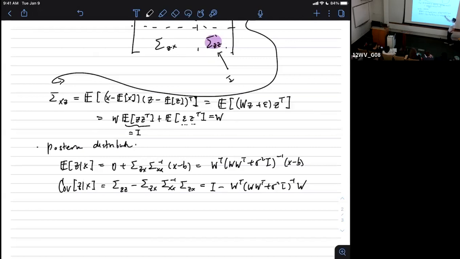And then what we do is we are in fact solving. Let's say sigma squared is just 0. What is this, W transpose times the inverse of W times W transpose? It's the pseudo inverse, right? Given this W, X is the result of applying the affine transformation to Z. So how do we actually solve for Z given X?